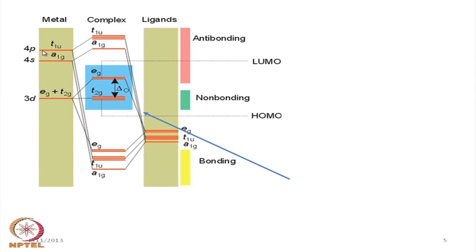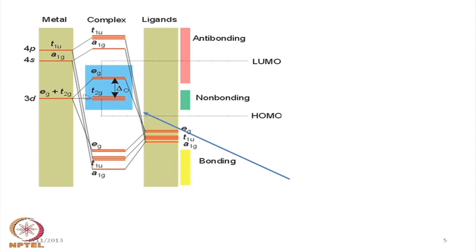When they interact with the ligand side of A1g and T1u symmetry, these four orbitals give corresponding ligand field molecular orbitals of A1g and T1u symmetry.